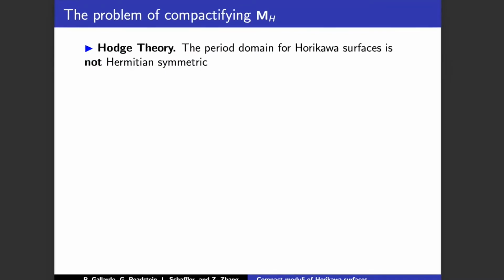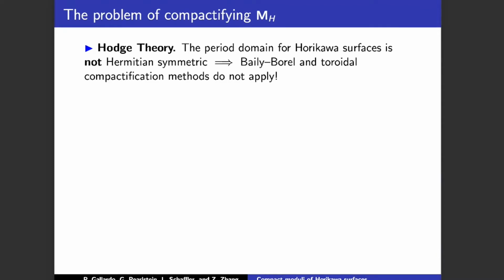So it turns out that the period domain for those Horikawa surfaces is not Hermitian symmetric. Without giving the details of the definitions of those technical terms, I'd rather analyze a consequence of this, which is that the classical Baily-Borel and toroidal compactification methods do not apply to this case.